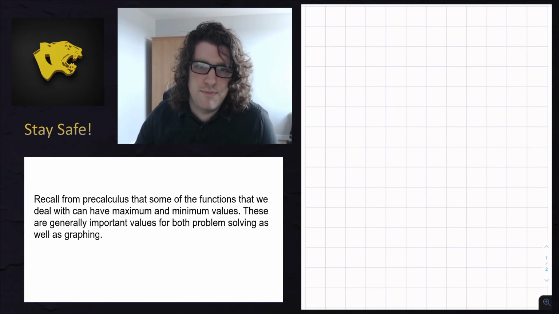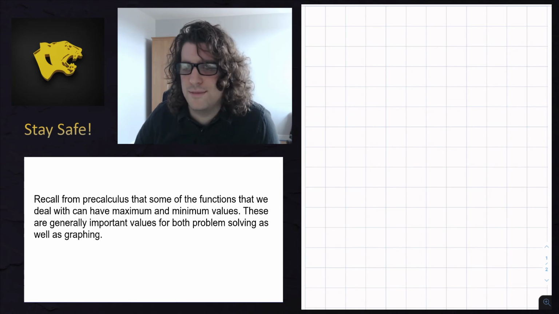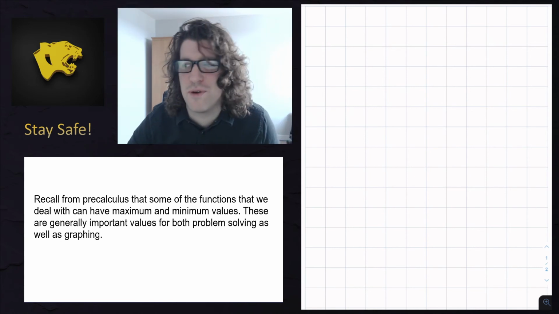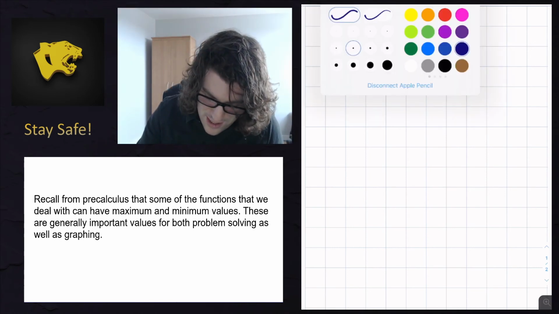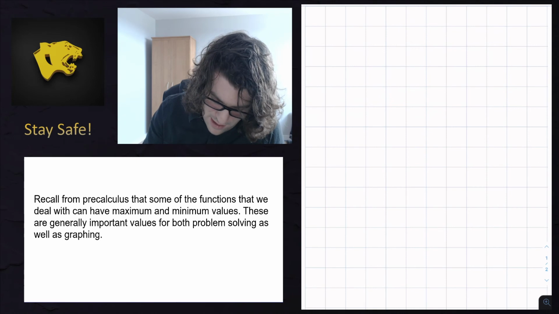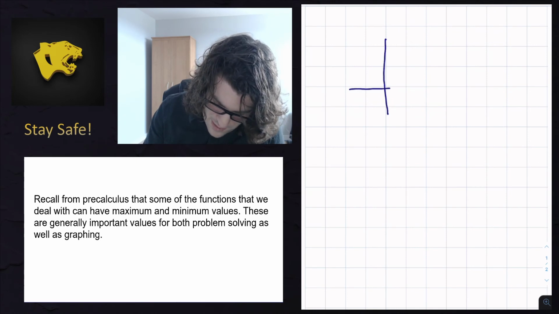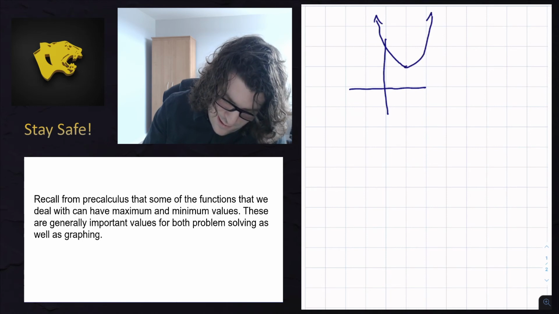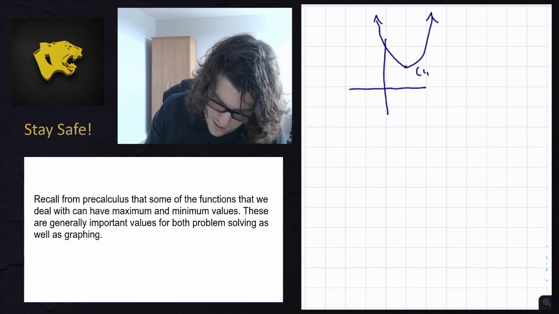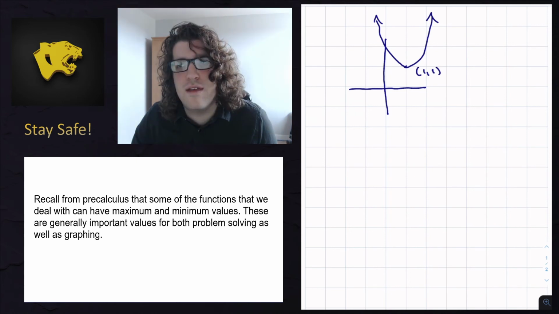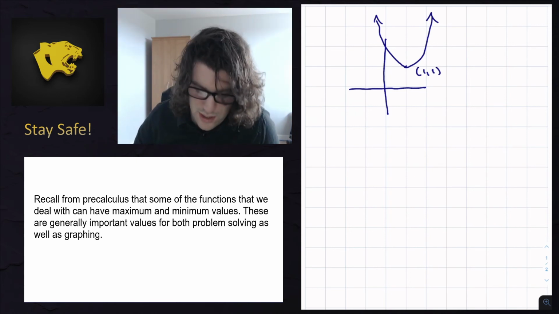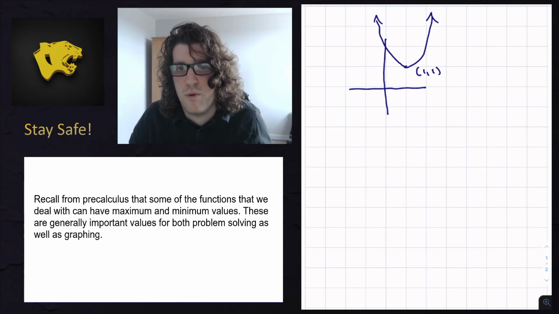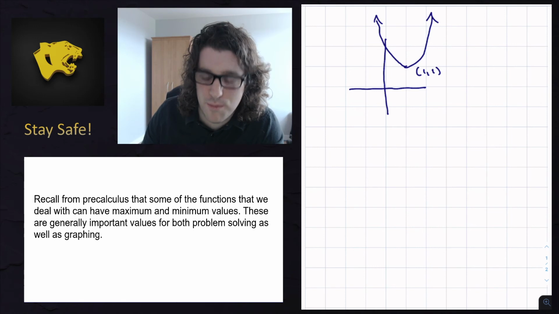But you have already bumped into these during your learning with all kinds of different functions over your pre-calculus courses. So the idea is that if we took something like, for instance, a parabola, and say that this point is at (1, 1), then that point, which we lovingly refer to as the vertex, is the lowest possible point of this particular upward facing parabola.